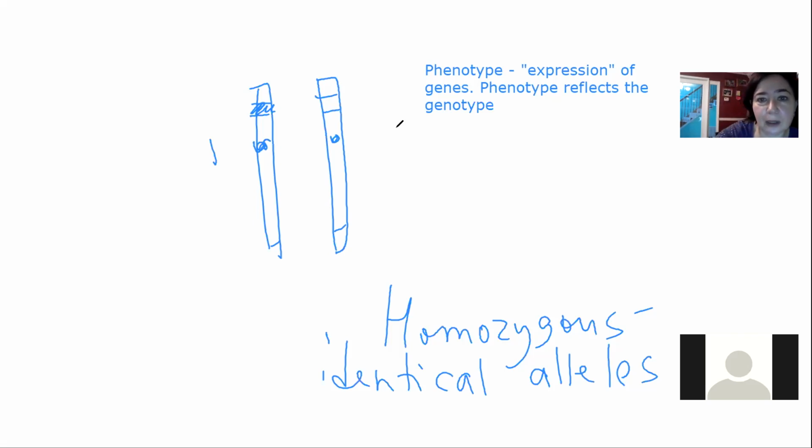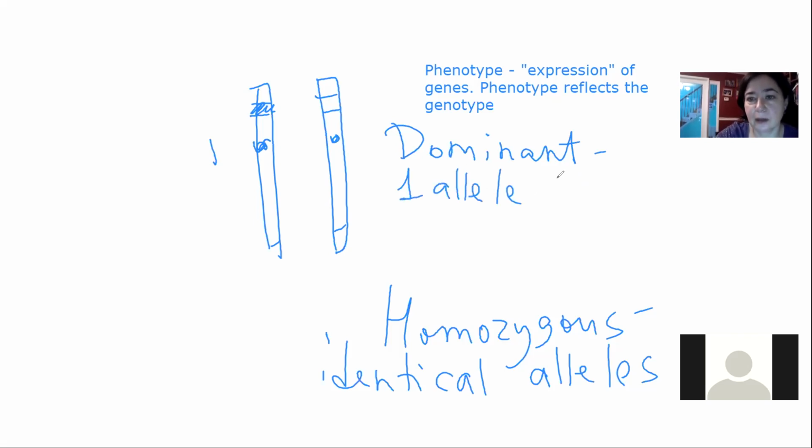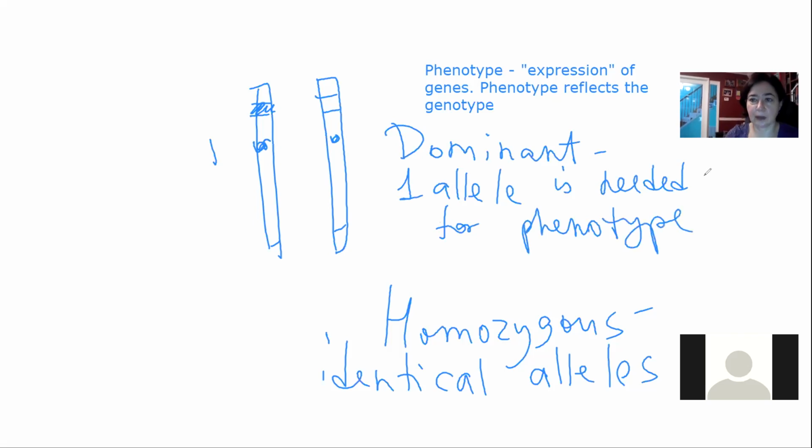Dominant, absolutely. Dominant means one allele is needed for the phenotype. In recessive, you need two.